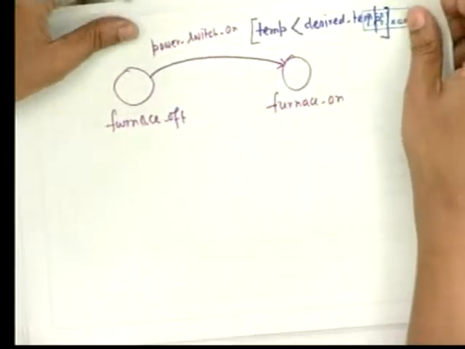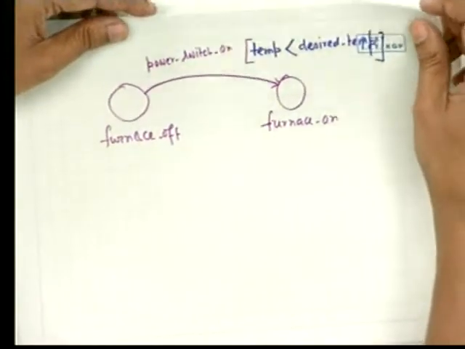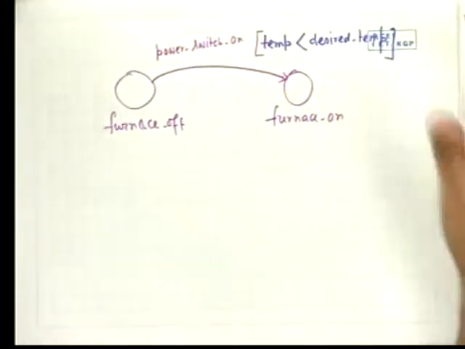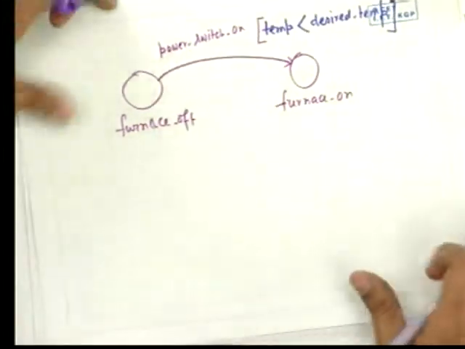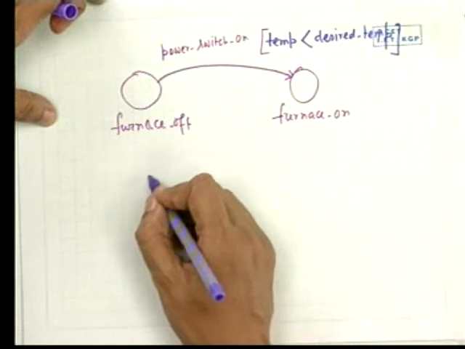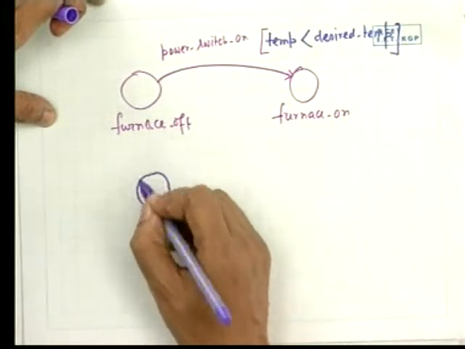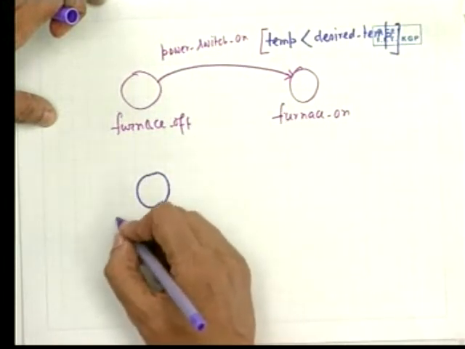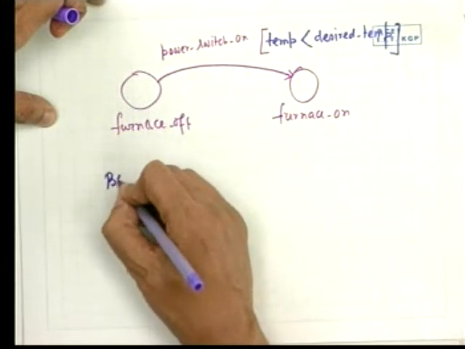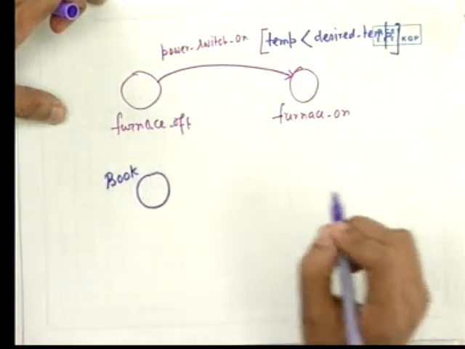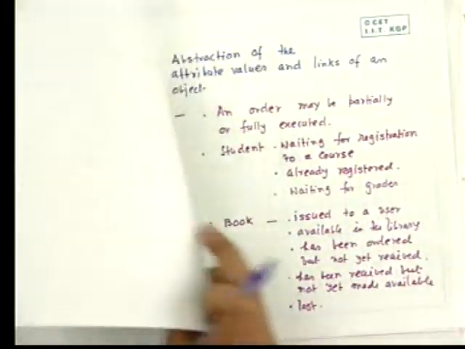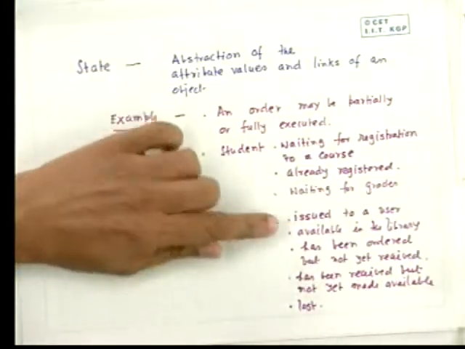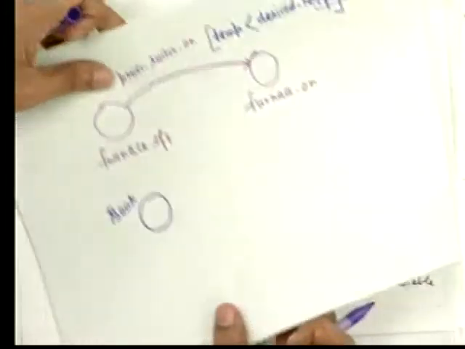Other examples can be taken from the library, say a book. This is the book case, and we have seen that the book can be in a different state. Say it is issued to a user.